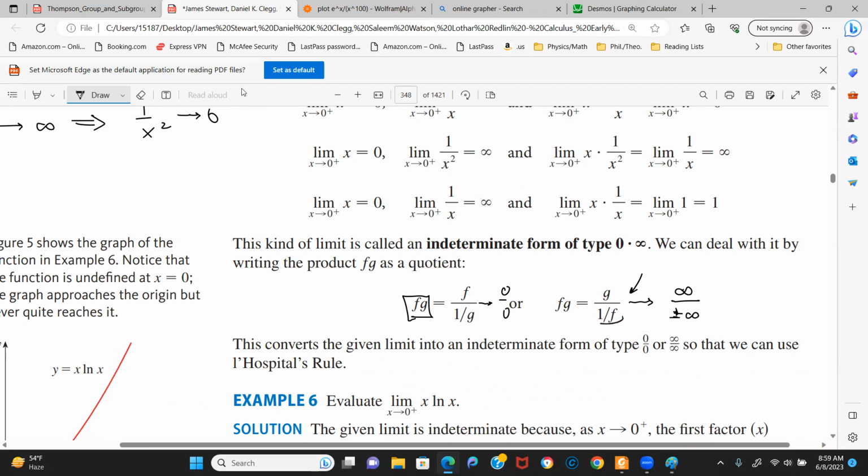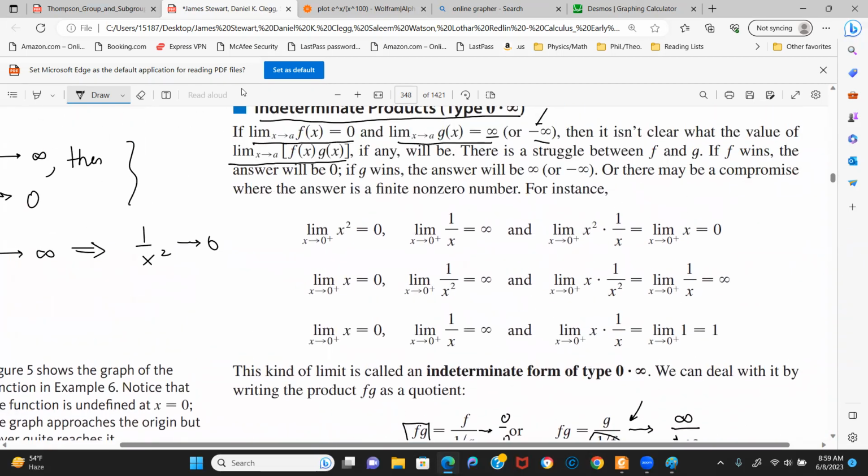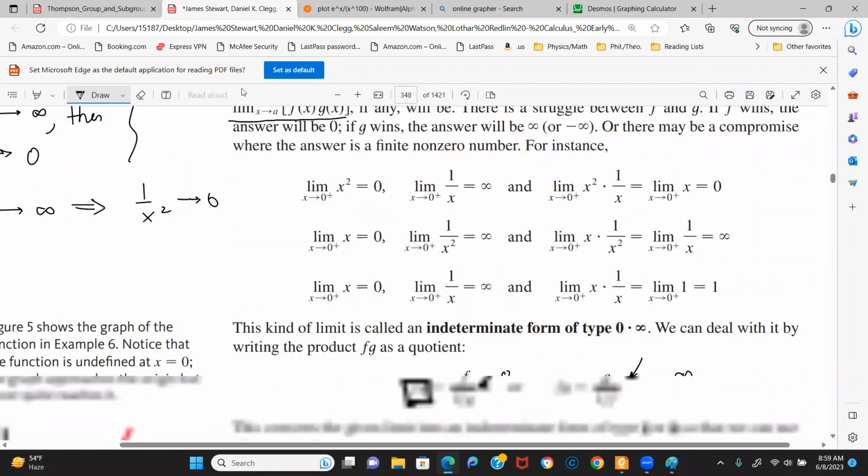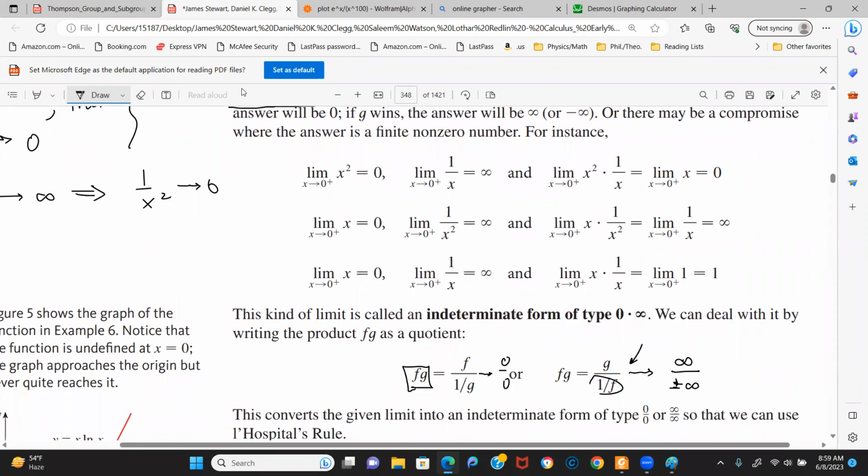So if you know that f goes to zero, then one over f could be going to plus or minus infinity. It's not entirely clear.